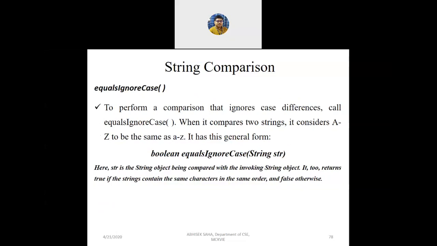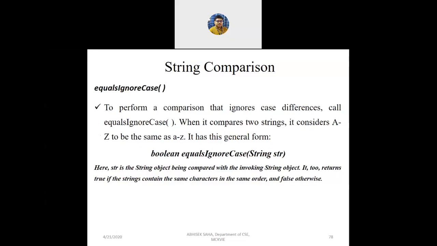So that's why the name of the method is equalsIgnoreCase. It is basically ignoring the case sensitivity. So if the content of the two strings is the same and the characters are in the same order in both the strings, the function will return true.